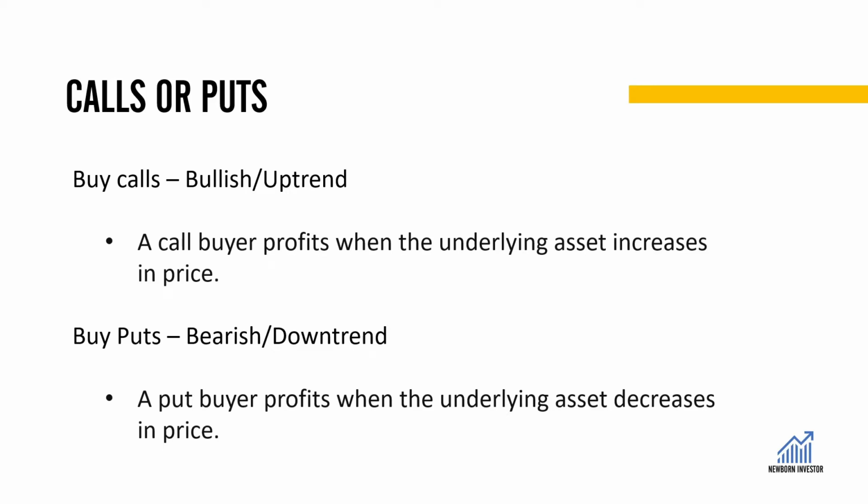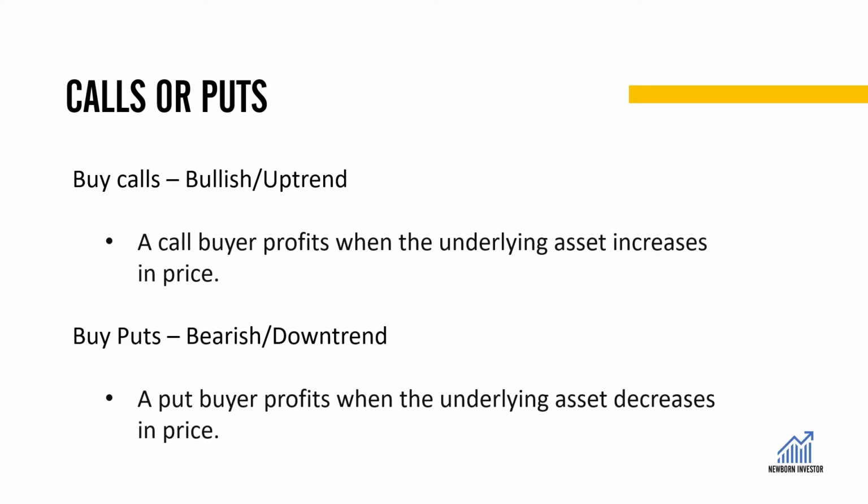The same is the case with puts. A put buyer profits when the underlying asset decreases in price. So basically you buy a put option at a lower price, assuming that the stock price is going to go down. And when the stock price goes down, the put option premiums go higher, and then you sell at a higher price, thereby pocketing the difference. I hope this is clear.